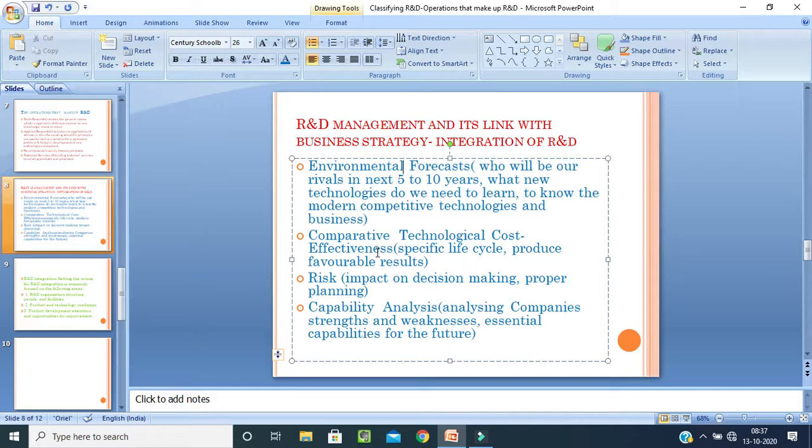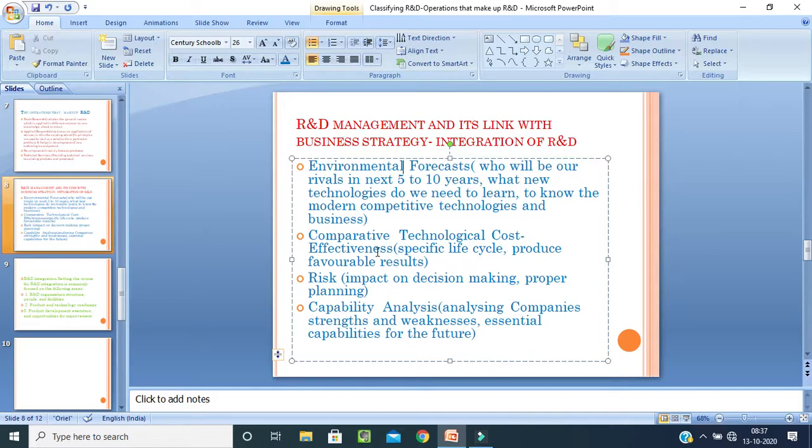Coming to the fourth point, capability analysis. This capability analysis will help companies analyze their strengths and weaknesses. The company will focus on what its weaknesses and strengths are, analyze them by themselves, and determine what essential capabilities they should save or produce for the future.